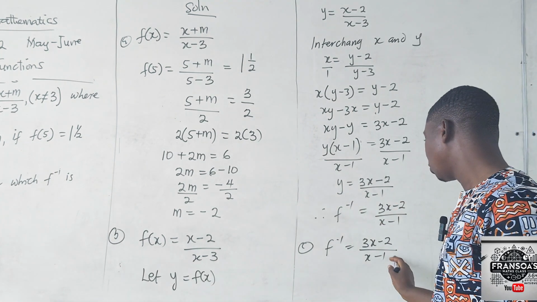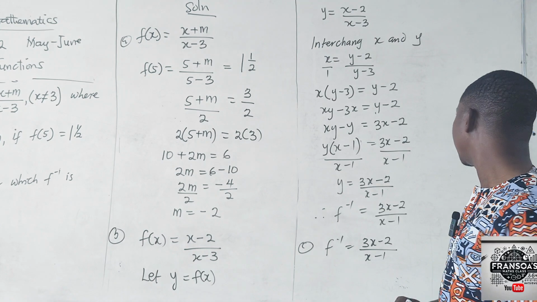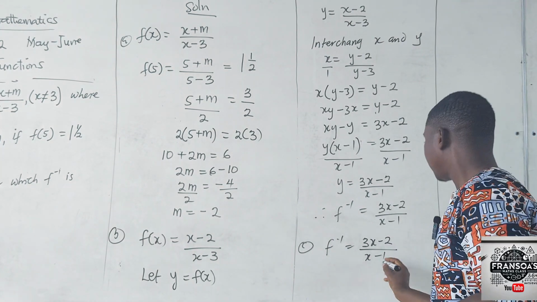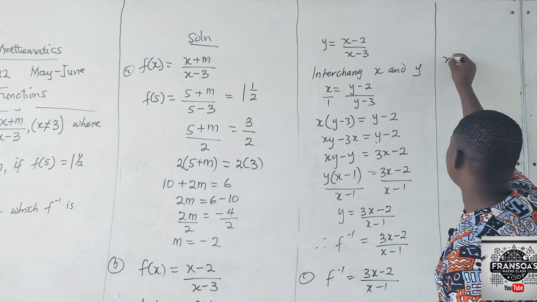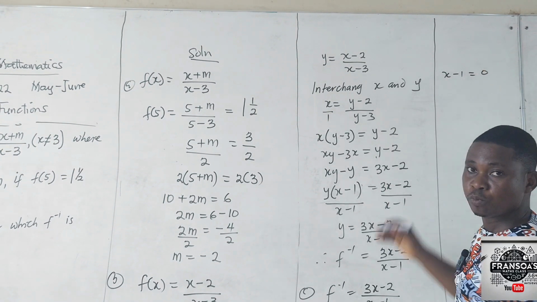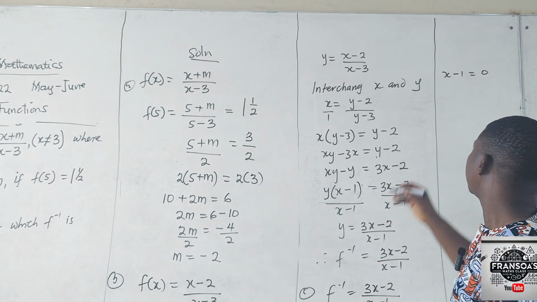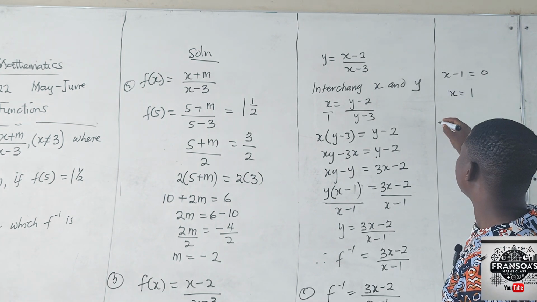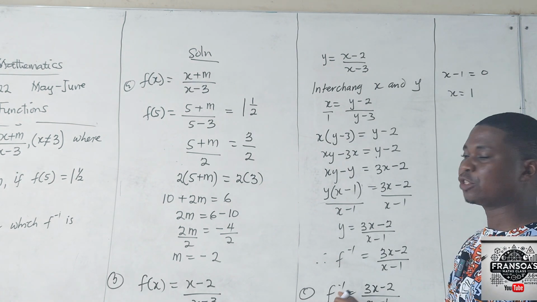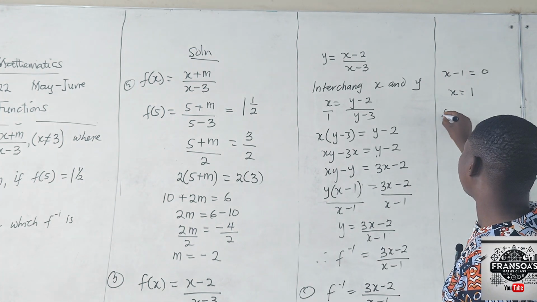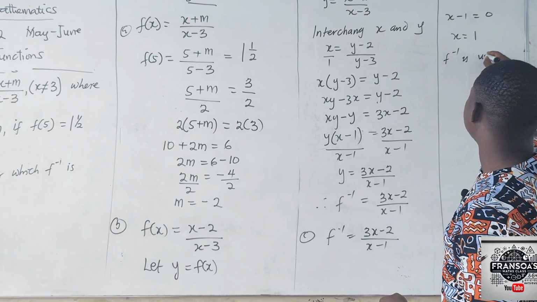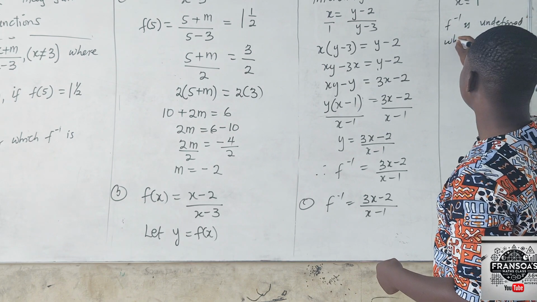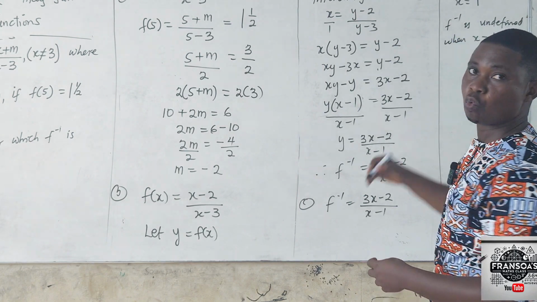So we have to equate our denominator to 0. Our denominator is x minus 1, and it should be equal to 0. So x is equal to 1. So f inverse is undefined when x is equal to 1.